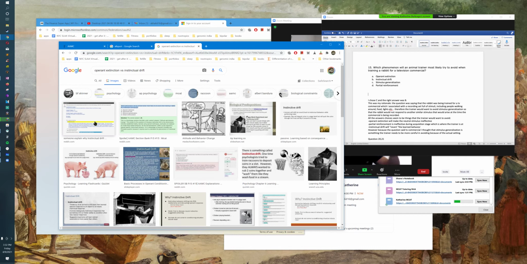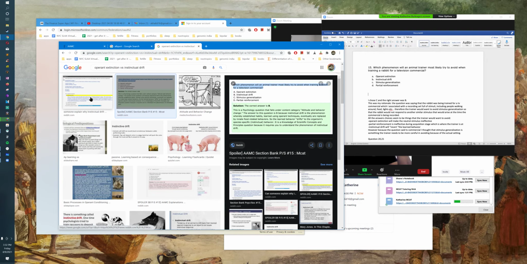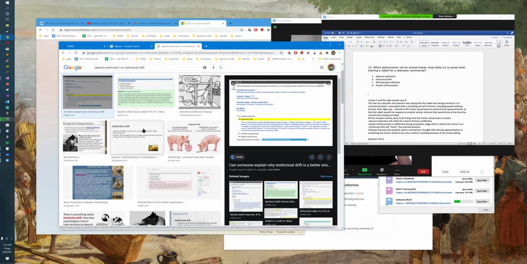Instinctual drift: established habits learned using operant techniques are replaced by innate food-related behaviors. That doesn't.